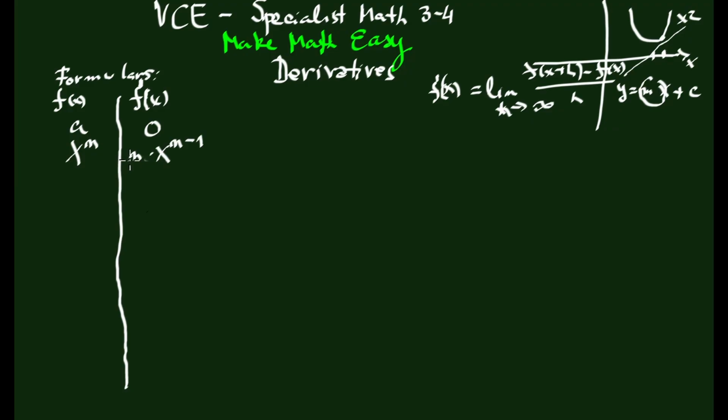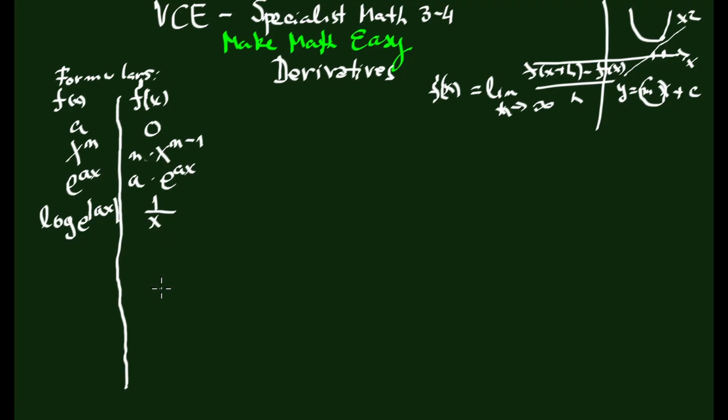You've got some basic functions like we learned before, e to the power ax, and it's simple, you just copy it, a times e to the power ax. So what's the opposite of e to the power of ax? It's the logarithm to the base e of the absolute value of x, and its derivative is 1 over x.